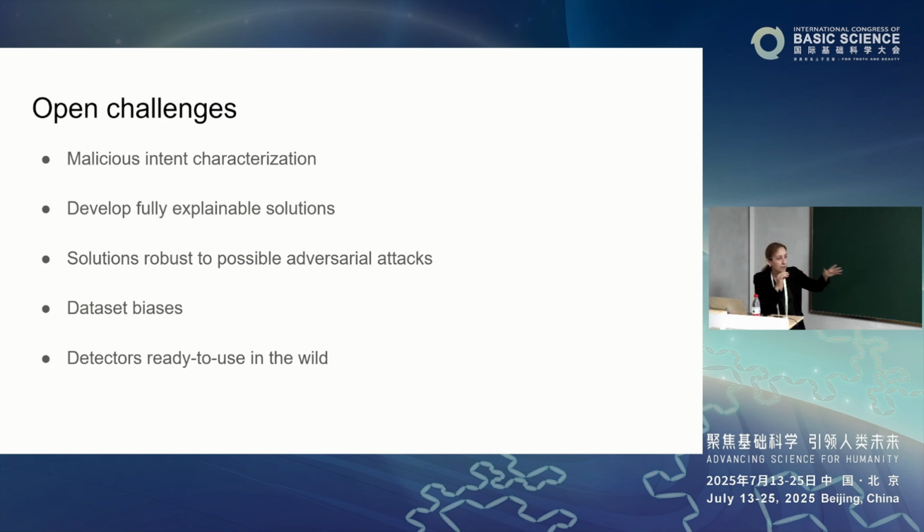What is also difficult is to provide a detector that can easily be used in the wild by fact checkers. There are a lot of tools that you can download from the web, and you say, okay, let's use this tool that tells me if this is real or fake.